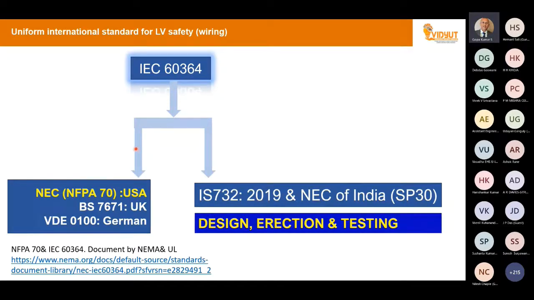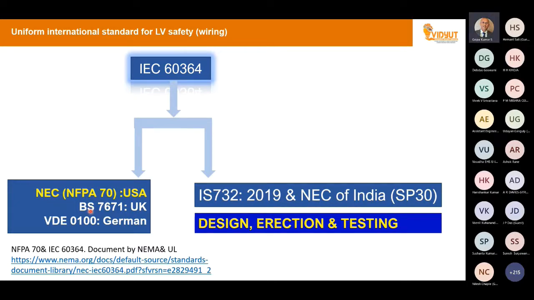You must understand that worldwide, for low voltage or safety in consumer premise, especially low voltage, the safety regulations are made by 60364. Actually, 60364 Part 1, Section 3 is a guidance for the national regulator of a WTO member country or a TBT agreed country to formulate their national regulation. So 60364 has been adopted as national regulation, for example, in America as NEC, NFPA 70.